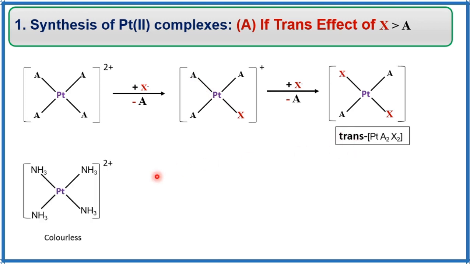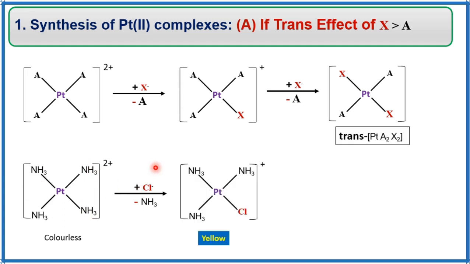If we take the example, we will take a platinum tetraammine complex here. This is a colorless complex, and one of the ammonia is replaced by Cl, so we have got a yellow complex. One ligand NH3 is replaced by Cl minus, and again one of the ammonia molecules got replaced by Cl minus. As we know, Cl will have more trans effect than ammonia.